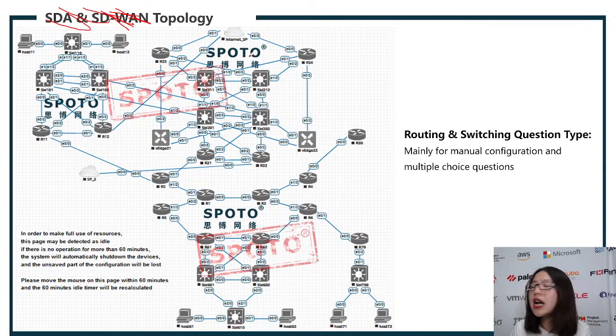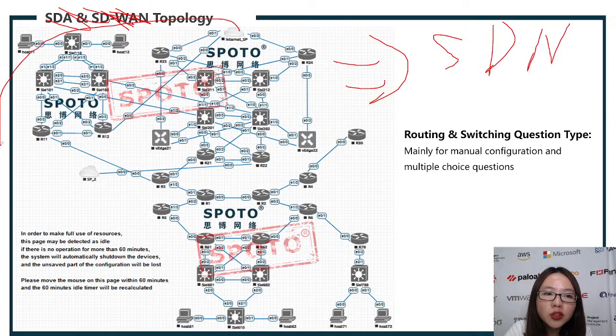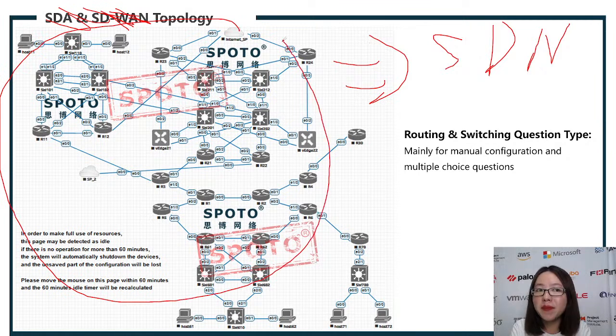So if there is a problem with the routing and switching part, it will directly affect the SDN module. So this routing and switching is very important.